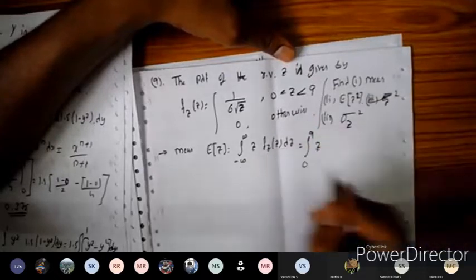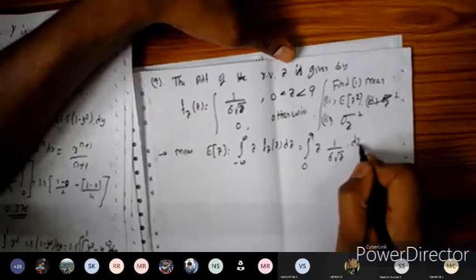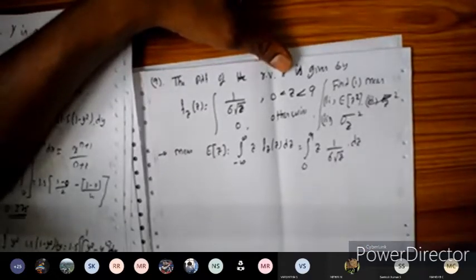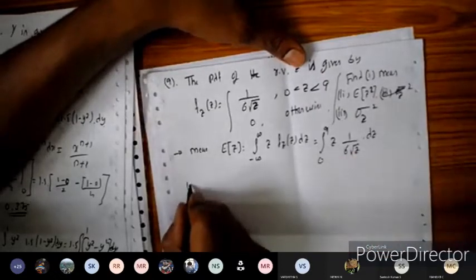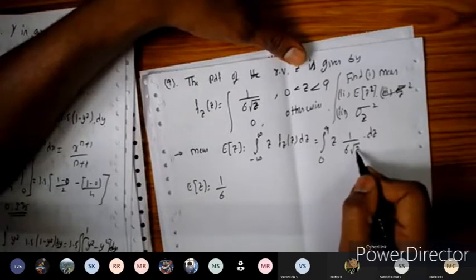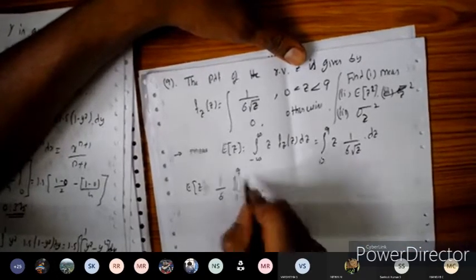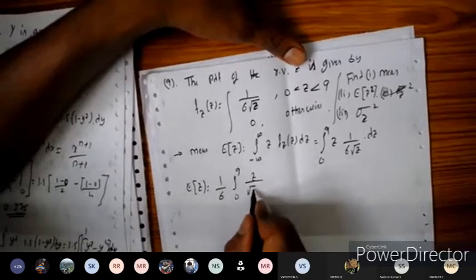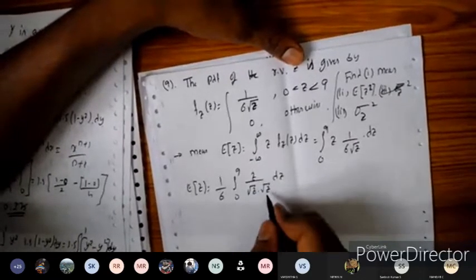So z into fz of z is 1 divided by 6 into root of z, into dz. You can take 1 by 6 outside the integral, and z divided by root of z, you can split that one, z divided by root of z into dz here.